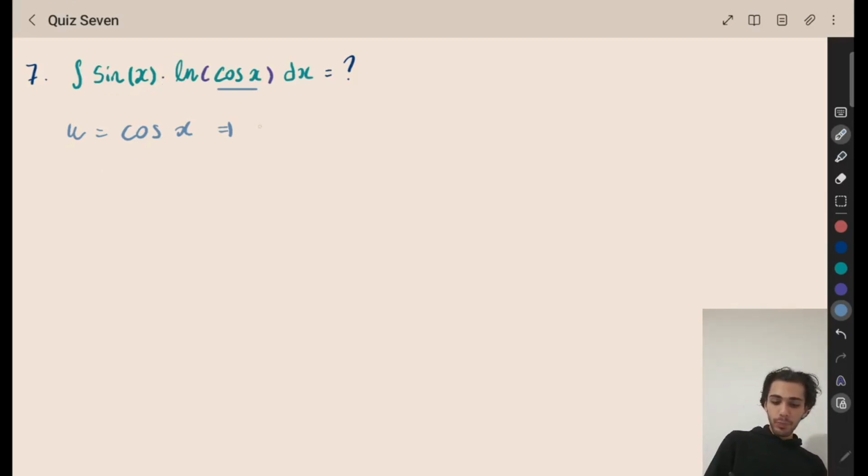Here's why. So we proceed normally. We get du is equal to the derivative of cosine, negative sine of x, times dx. So the rate of change of u is minus sine x times the rate of change of x. That's what it says.